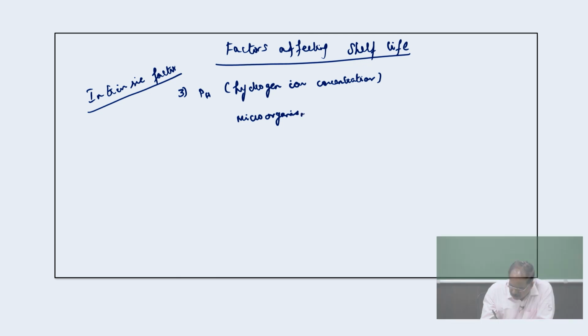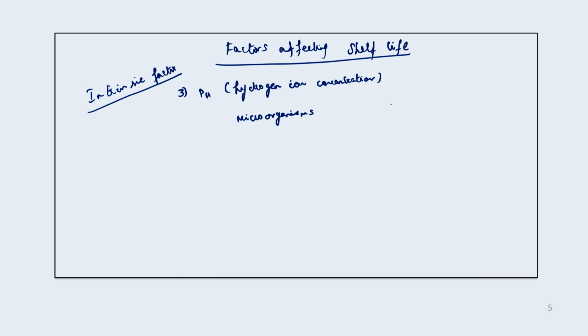So if you take the microorganisms and the pH, this is acidophile. These type of microorganisms are mostly acidic in nature, in the range less than 6.